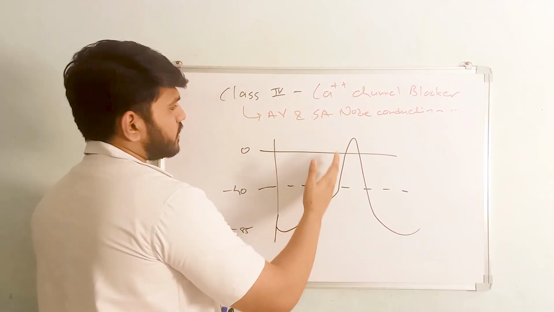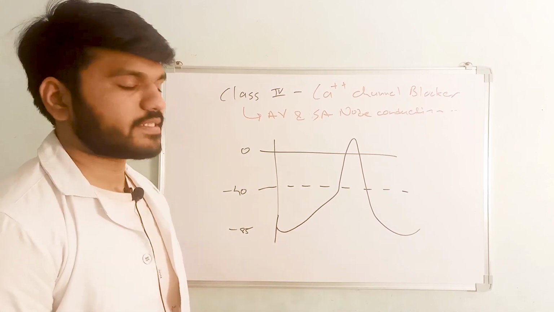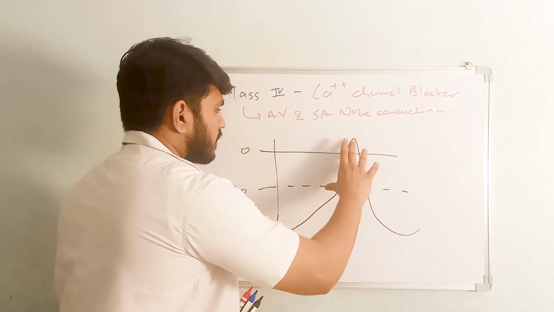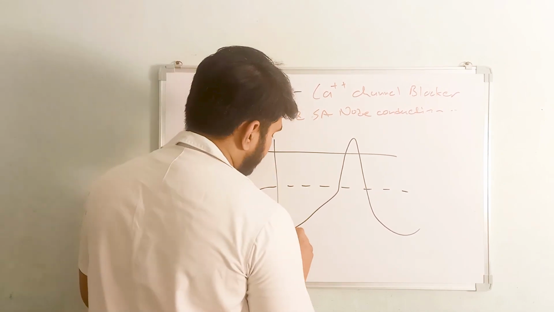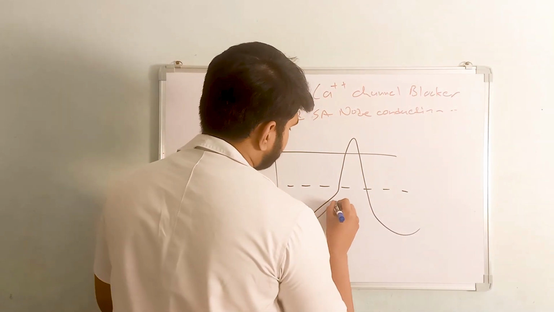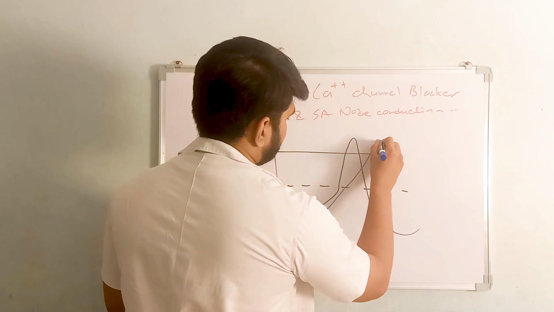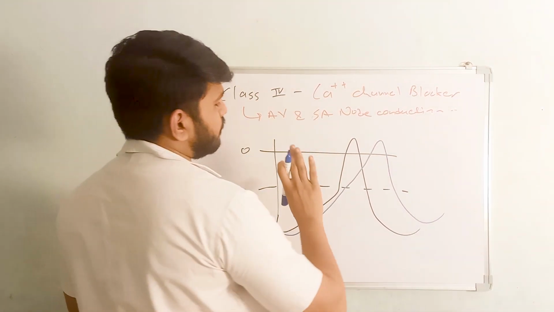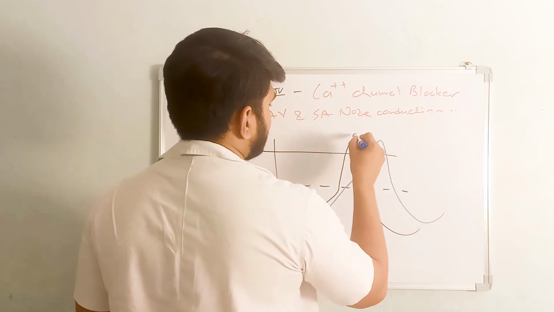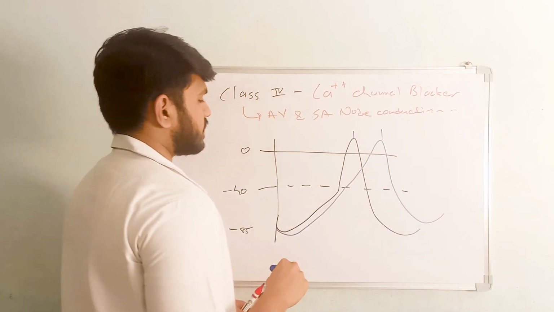It will rapidly influx into the cell and make the cell depolarized. So obviously it will work on this part. So a calcium channel blocker will make the chart look like this. It will prolong the depolarization. It was here, now it is here.